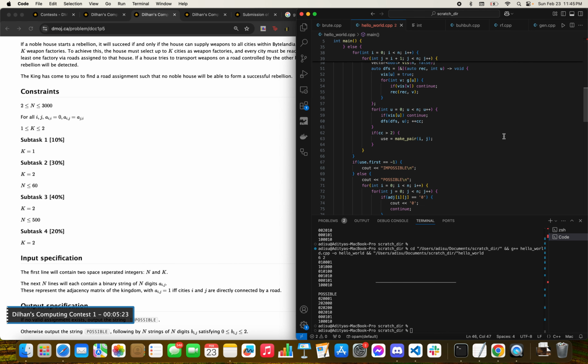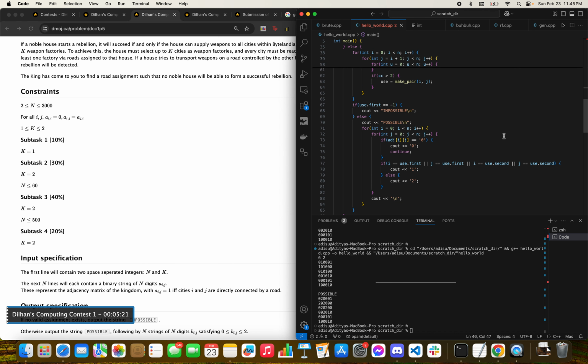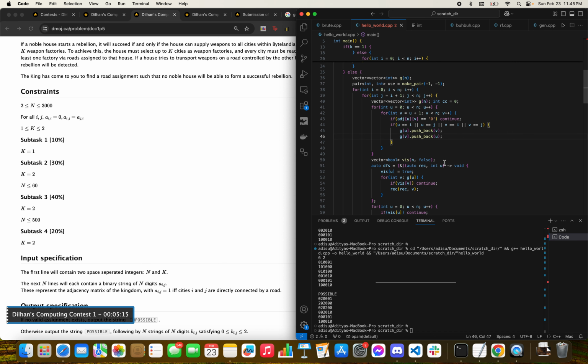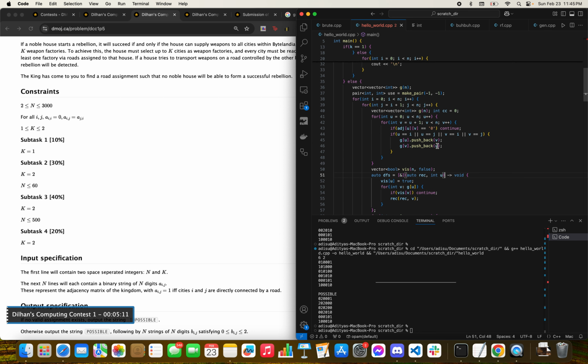Subtask 3, what do I even do about this guy? What do I do about you? Maybe I should speed this up a little bit. Wait, this is a... This can run in cubic time. I'm being really stupid.